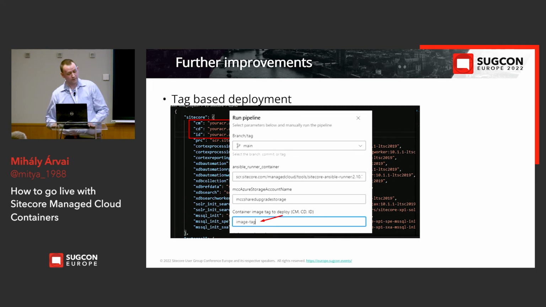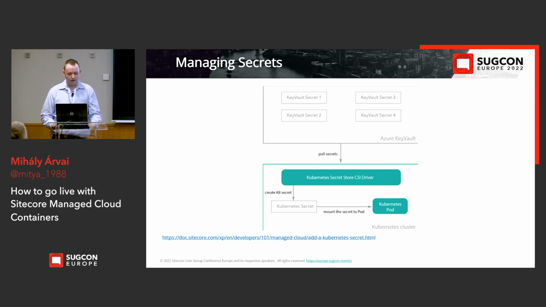And thanks to these changes, we have a new input when we want to start a new release via Azure DevOps, and we can specify the image tag that we want to deploy. So that means we have full control over what images will be deployed to which environment. Well, I believe a detailed blog post will follow this session soon, because 15 minutes is quite short to introduce every improvement.